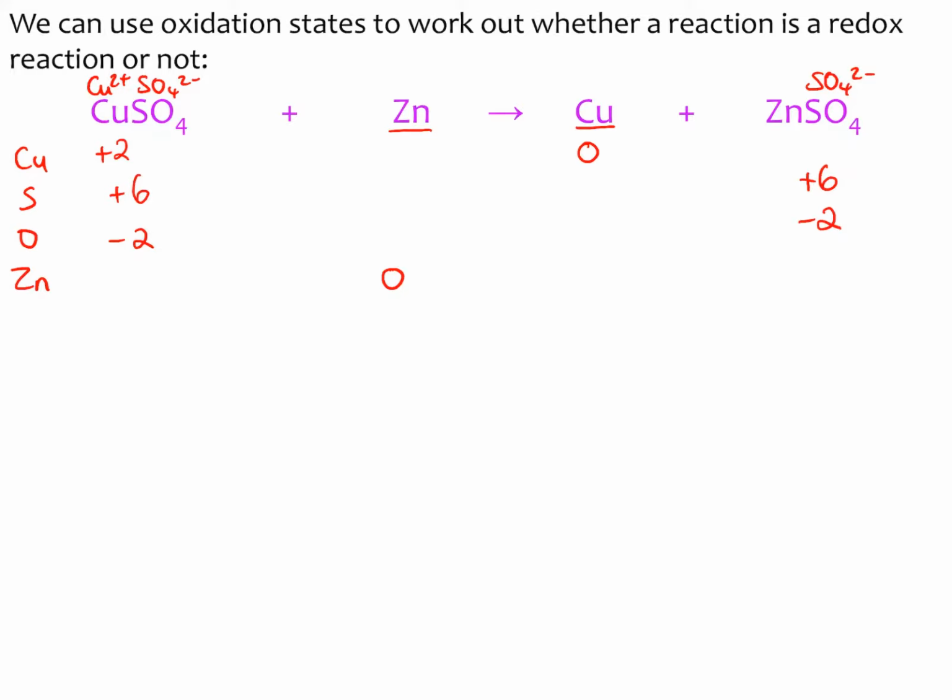The zinc is now part of zinc sulfate, and therefore zinc has to be zinc 2+ for the compound to be neutral overall. The sulfur and oxygen are part of the sulfate ion, and therefore they are actually spectator ions. The sulfate itself is the spectator ion, SO4 2-. It's chemically unchanged, and we can see that from the oxidation states.